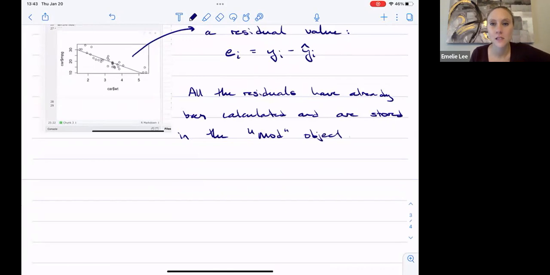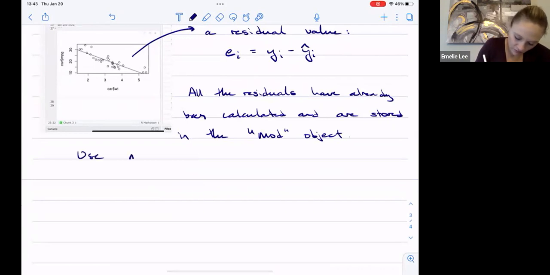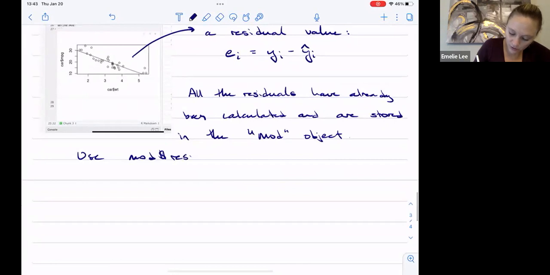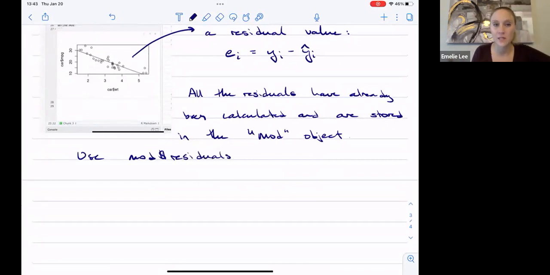So what we can do is we can access it, use mod$residuals, I think it's plural, to access the residuals.